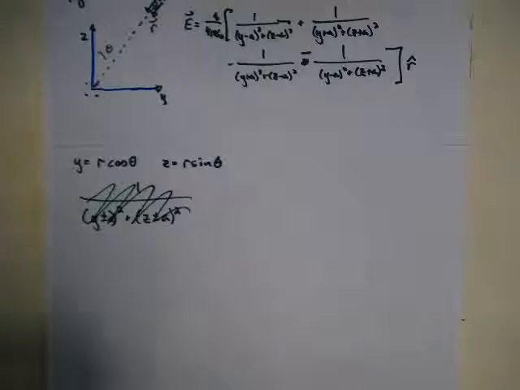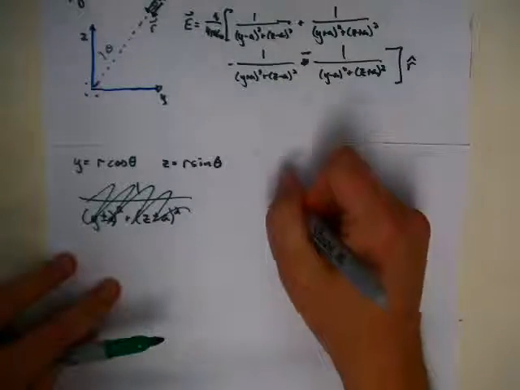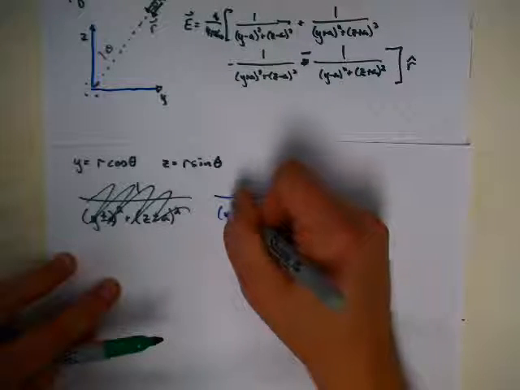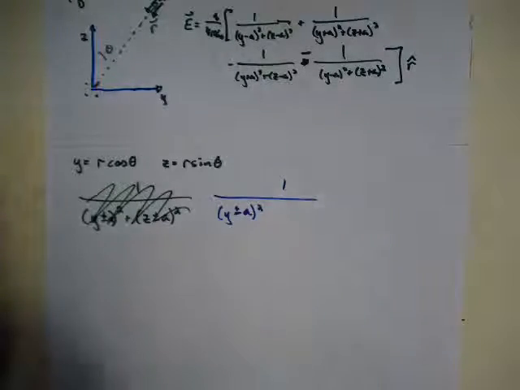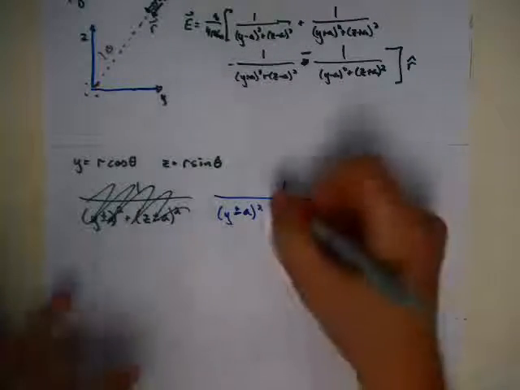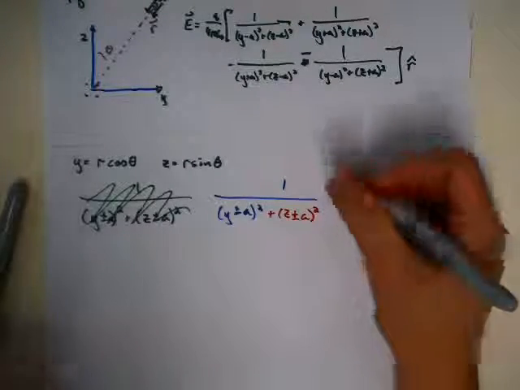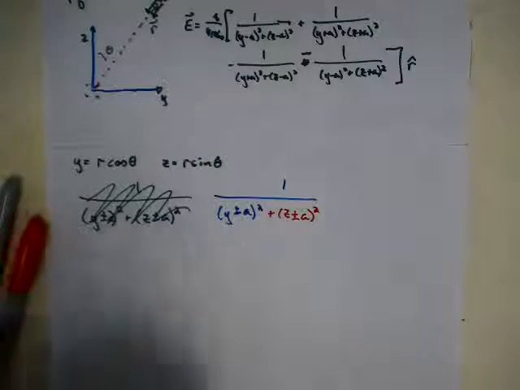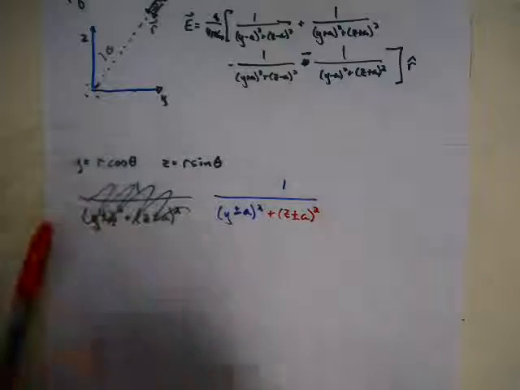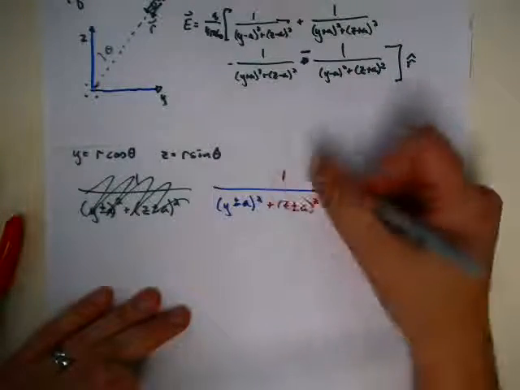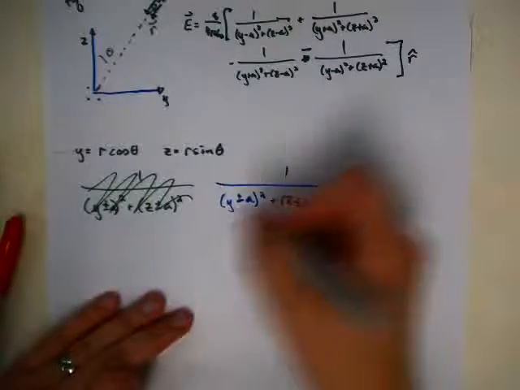Okay, so rewrite this. This is 1 over y plus or minus a quantity squared. Wrote that in blue, and then in red we'll do the z, plus z plus or minus a quantity squared. I'm now going to make the replacements for y and z, and so I'm also going to write this expression as the inverse.